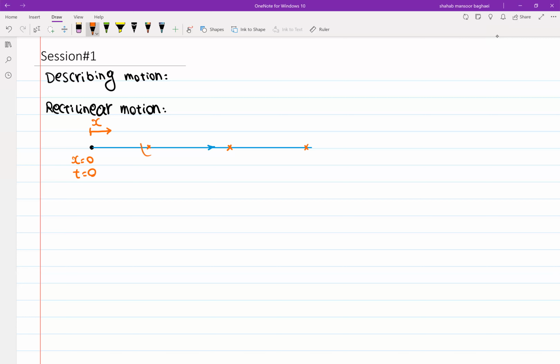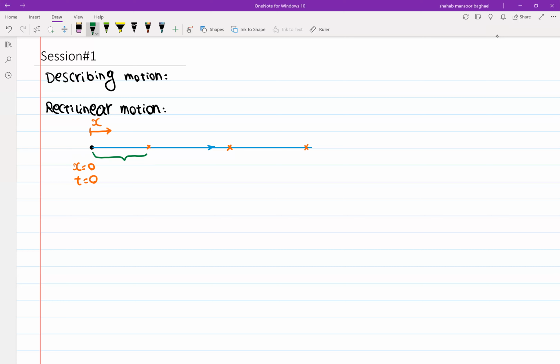Okay, imagine I want to focus on this. Therefore, from the beginning to this point, for example, this one. Imagine you have this displacement because it's going to the right. And you can measure the time value for this displacement.